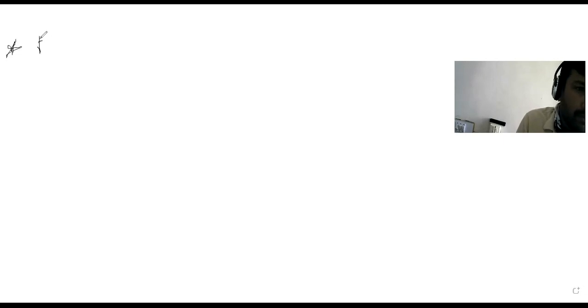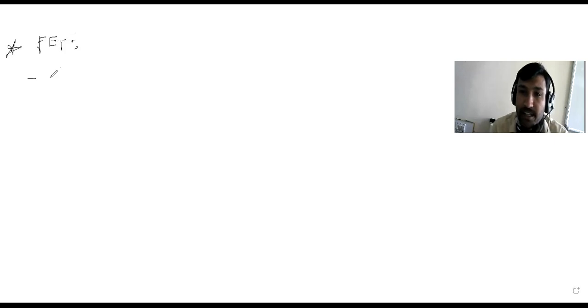FET. Okay. So it is a one junction, 3 terminal unipolar device. It is a semiconductor device which consists of gate, source, and drain, right?